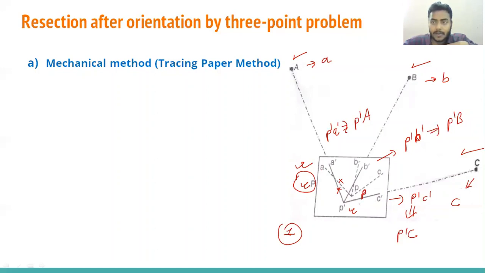So what you will see, once you transfer the P dash point to the drawing sheet, then you can sight A using the alidade.